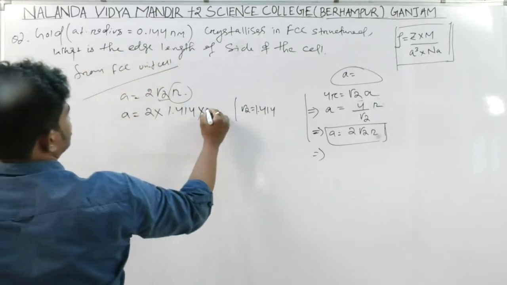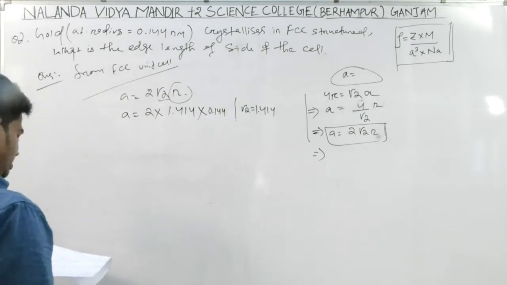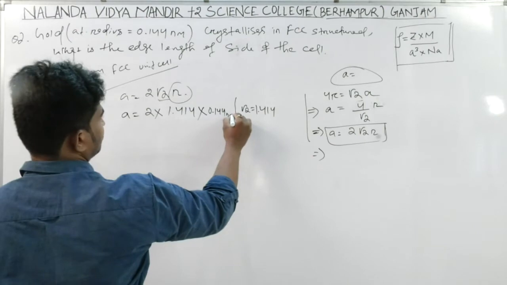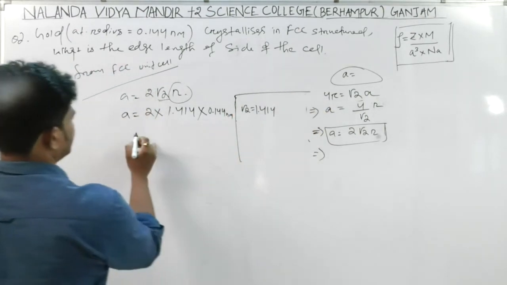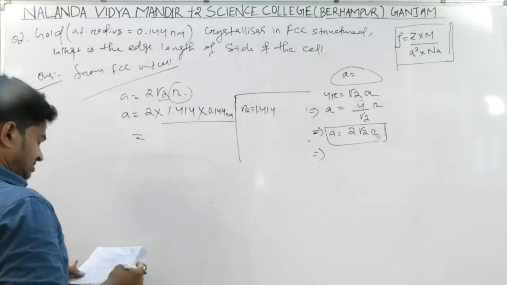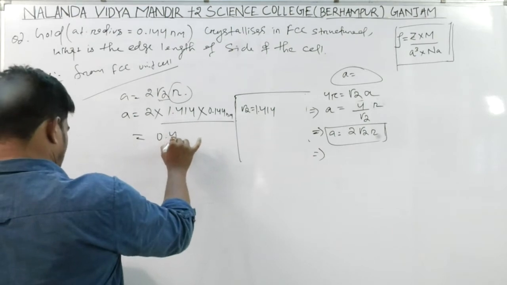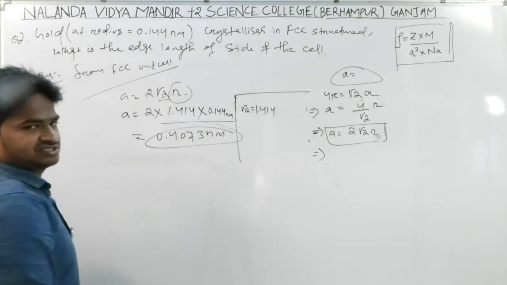Radius is already given, 0.144 nanometer. By solving this you will get 0.4073 nanometer. This is the answer.